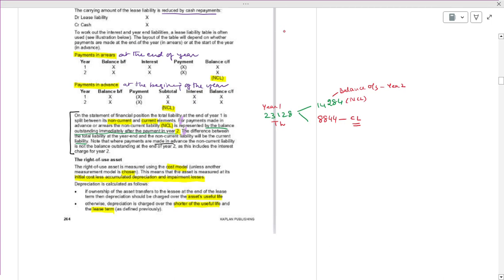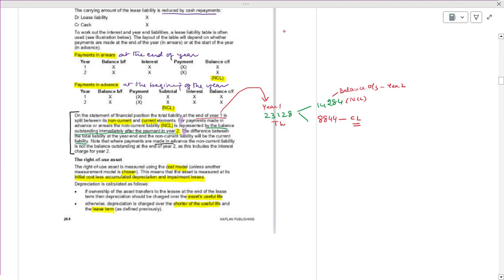Is it right? Are you understanding how it's happening? Go step by step. I told you in the beginning, we have to be very careful. This is the total liability at year 1. This is where we have taken this.